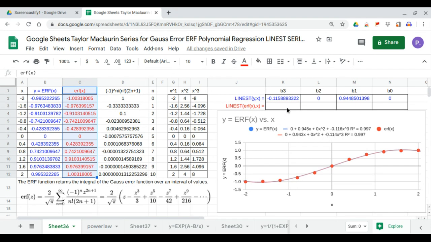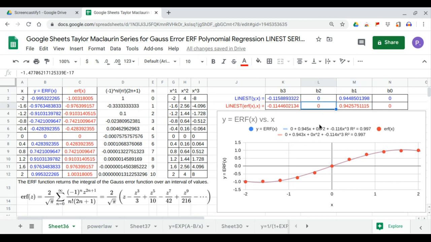And we will enter the LINEST for this. So LINEST of data y and data x. So our B0 is 0. Our B1 is 0.942575, rounded up as 0.943.